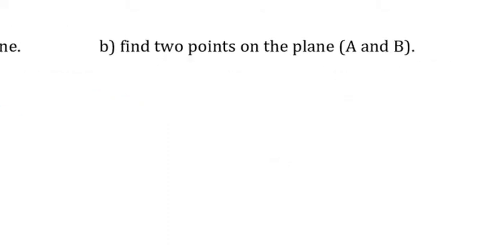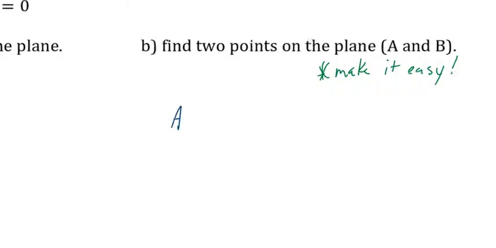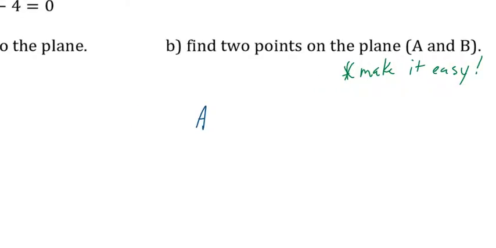And we are calling these points A and B. So A will be when y equals 0 and z equals 0. So these are gone, and I get x minus 4 is 0, so x is 4, 0, 0.